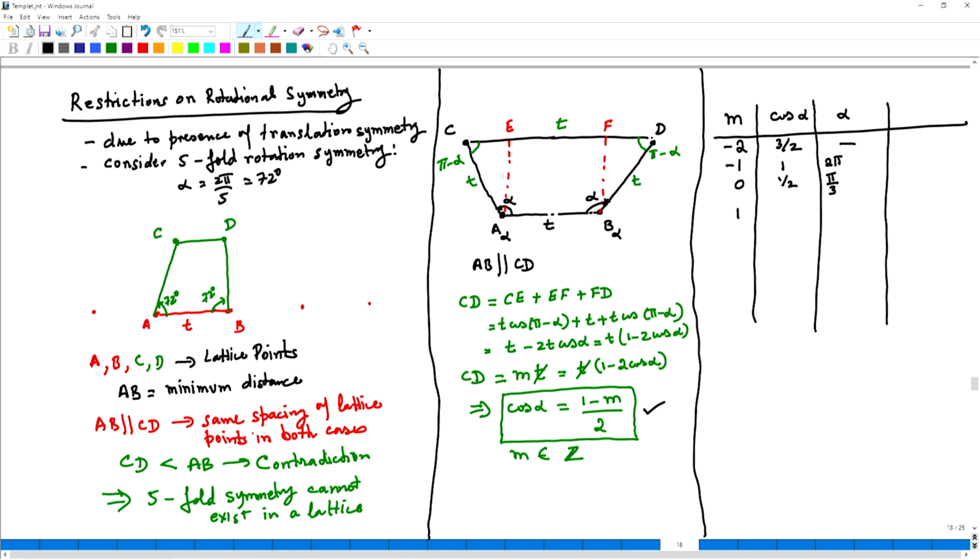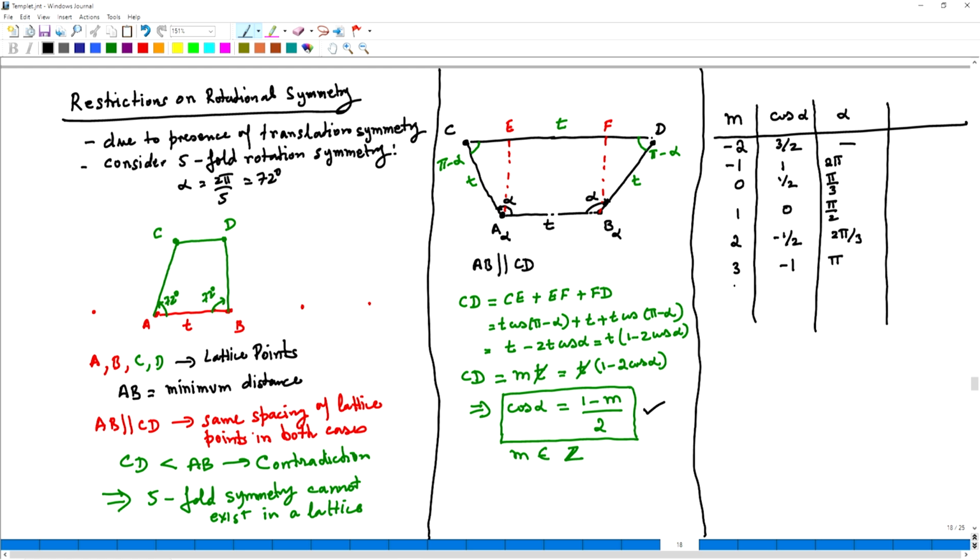Now, let us take plus 1. Plus 1 means cos alpha would be 0. Therefore, alpha has to be pi by 2, 90 degrees. Now, let me take 2. If I take 2, cos alpha becomes minus half. Minus half means alpha should be 120 degrees, which I can write as 2 pi by 3. M equals 3, put it 1 minus 3, so that would give me minus 1, and minus 1 means alpha would be pi.